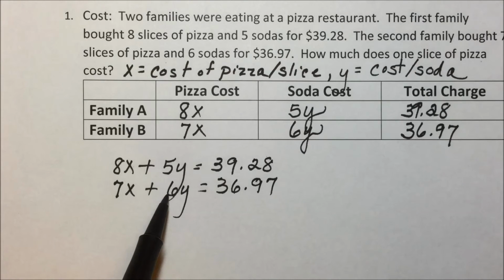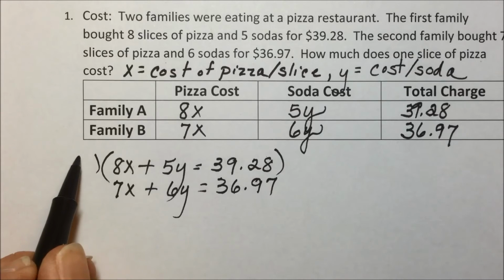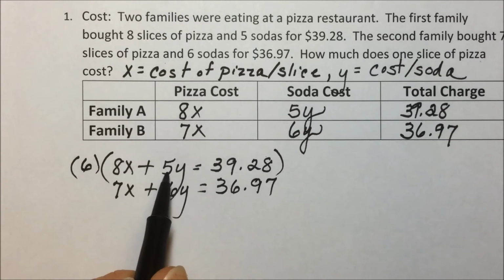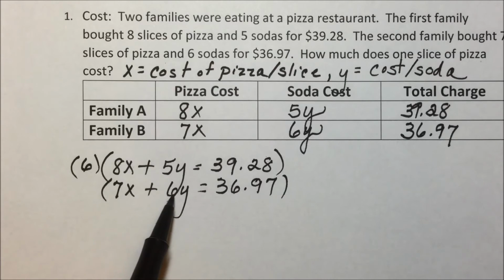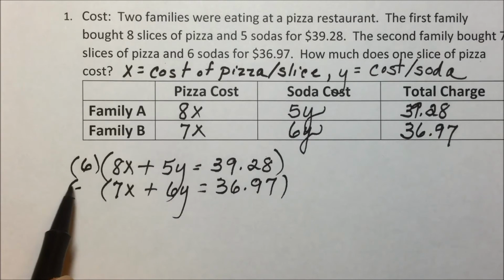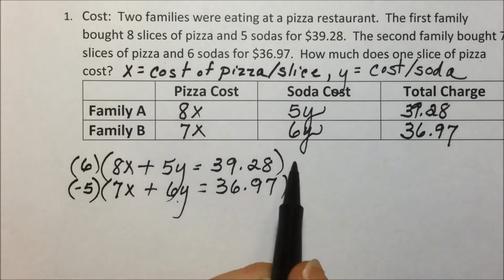The common factor between 5 and 6, the lowest, would be 30, so I'm going to multiply everything in the first equation by 6 to get a 30y. And the second equation, to get a 30, I will multiply by a 5, but so that we have opposite values, I'll use a -5.